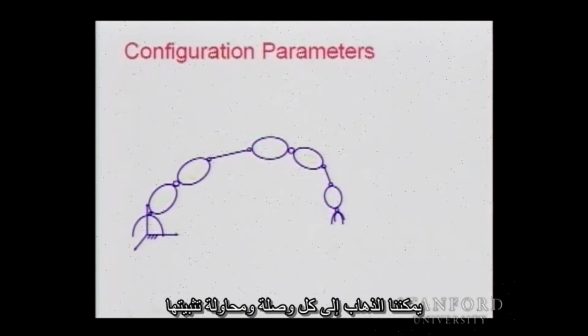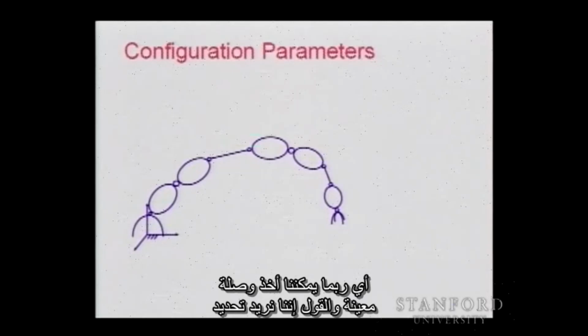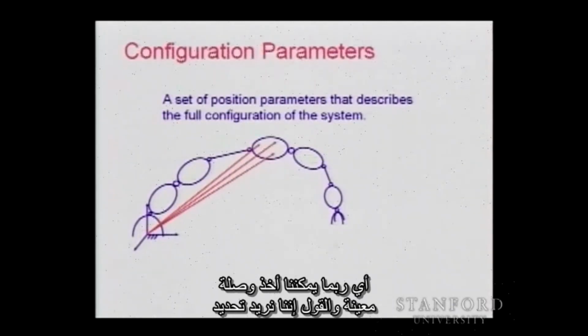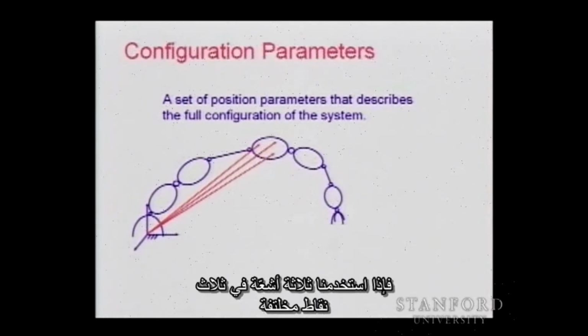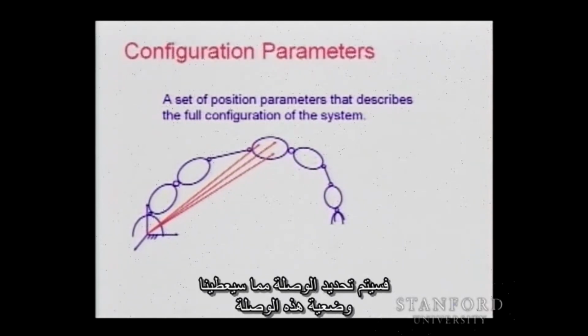We can go to each link and try to fix that link. So we can take a given link and locate it with several vectors that lock it there. If we use 3 vectors at 3 different points, the link is defined. And that would give us the configuration of that link.